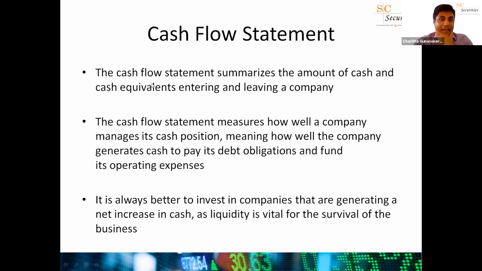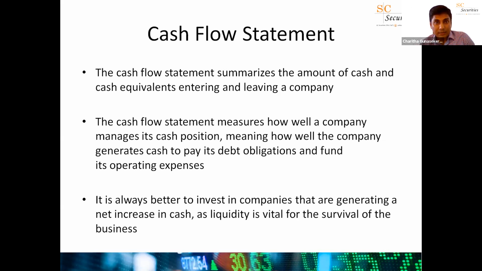Okay. So the cash flow statement measures how well a company manages its cash position, meaning how well the company generates cash to pay its debt obligations and fund its operating expenses. Now, a company can incur a loss, but it can continue into the future while incurring losses if it is generating sufficient cash to settle its liabilities, right?